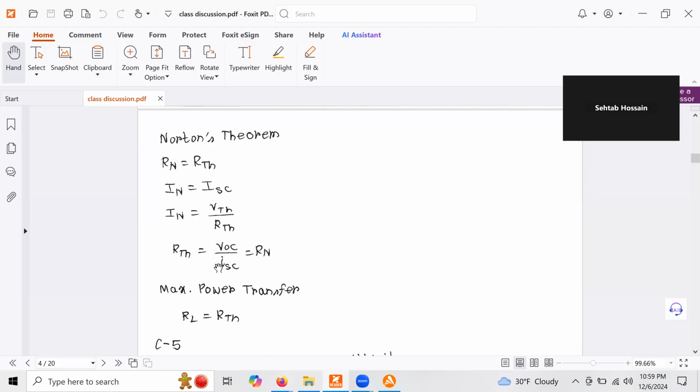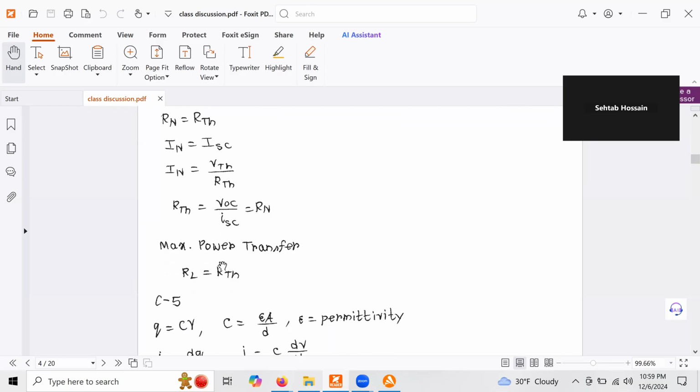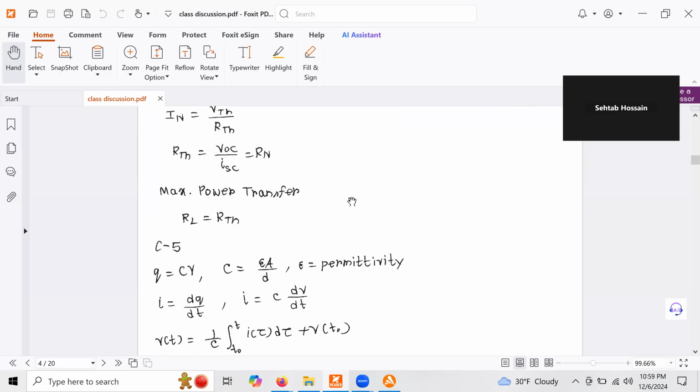So R Thevenin will be open circuit voltage over short circuit current. Then we learn about the maximum power transfer theorem. We can transfer maximum power when our load resistance is equal to the Thevenin resistance.